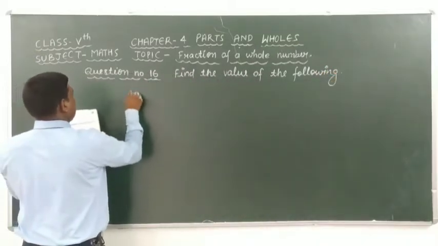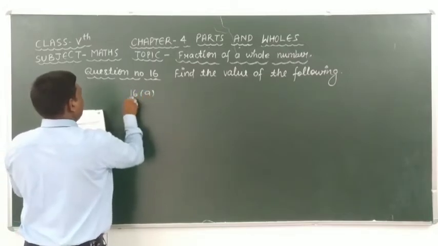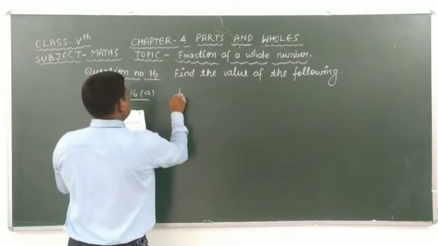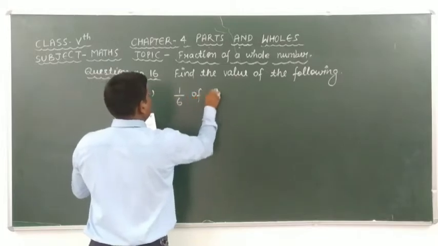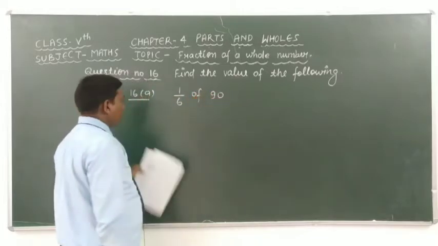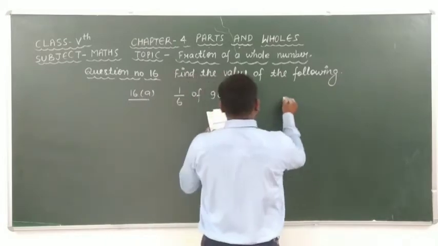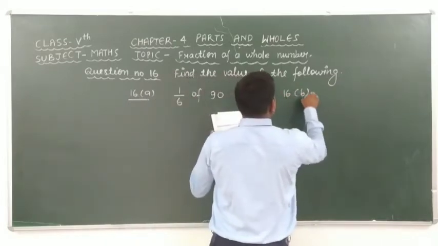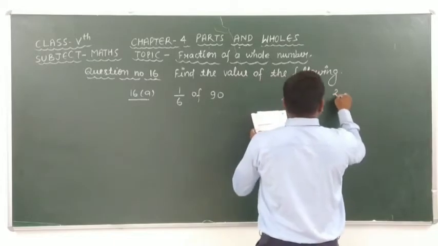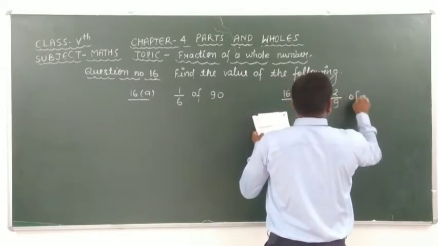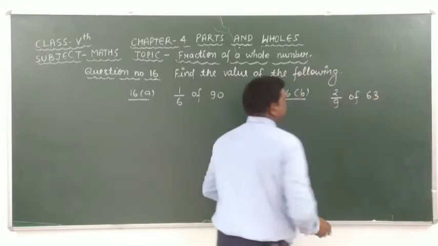In question number 16 of A, here given that 1/6 of 90. Okay students, look at here carefully. And question number 16 of B is here given that 2/9 of 63.